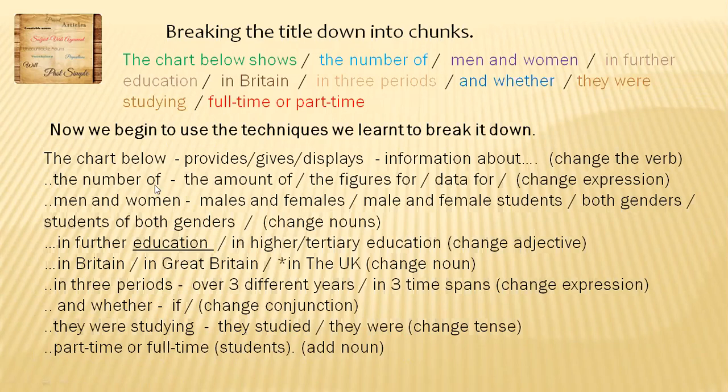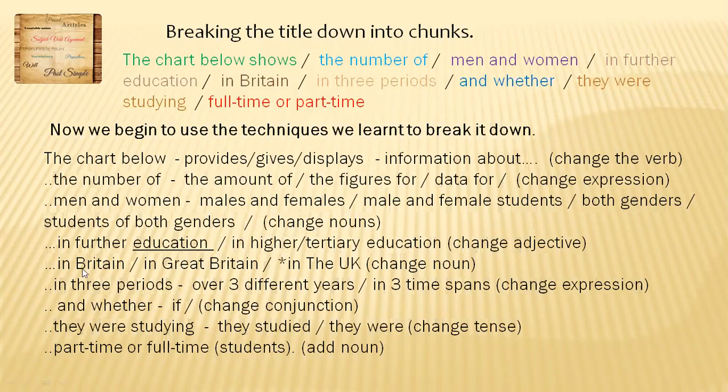Okay, the number of, the amount of, the figures for, the data for. We've changed the expression, the number of, to one of these. Men and women, males and females, male and female students, both genders, students of both genders. So lots of changes you can do there.